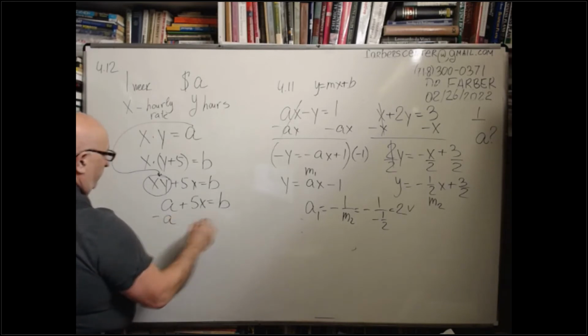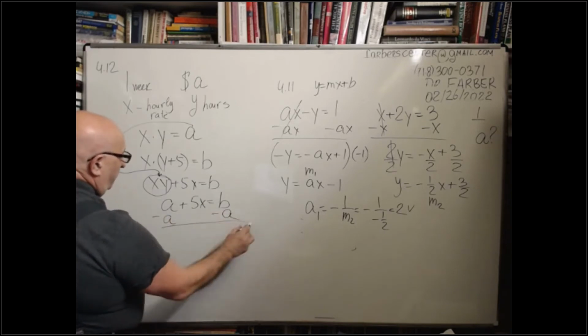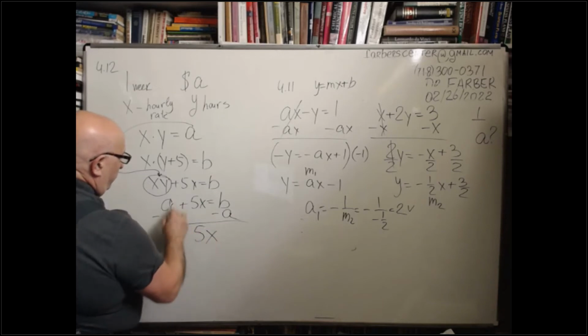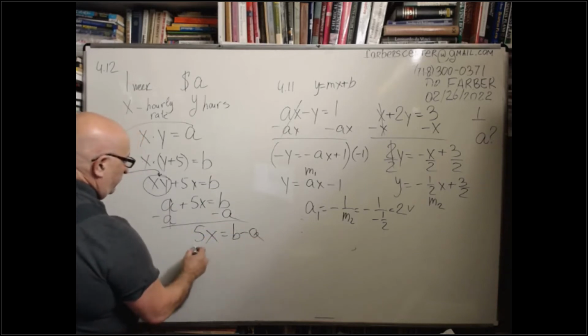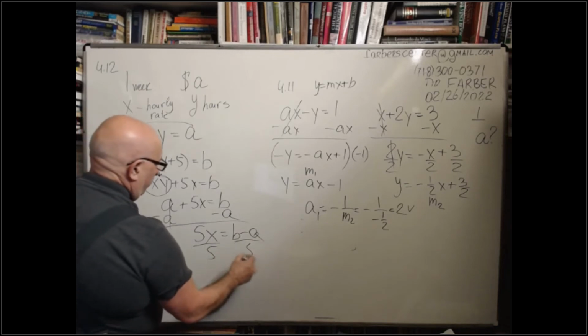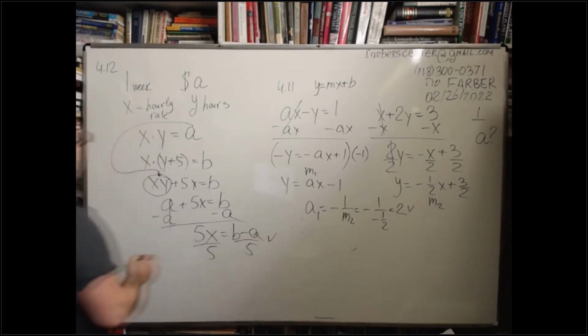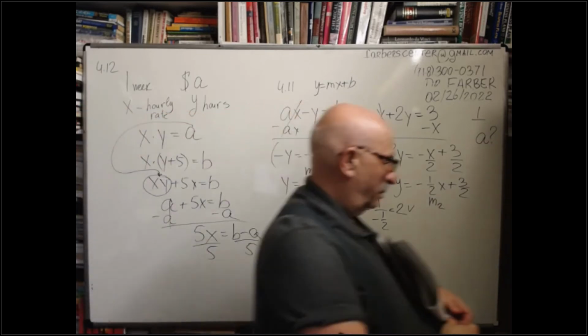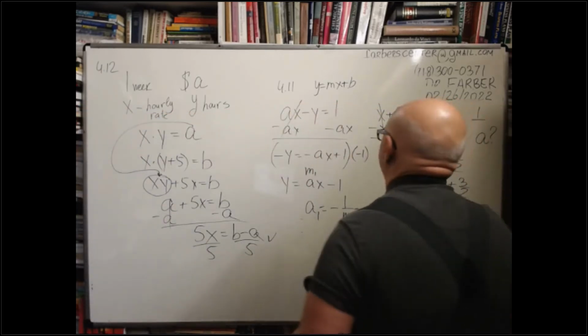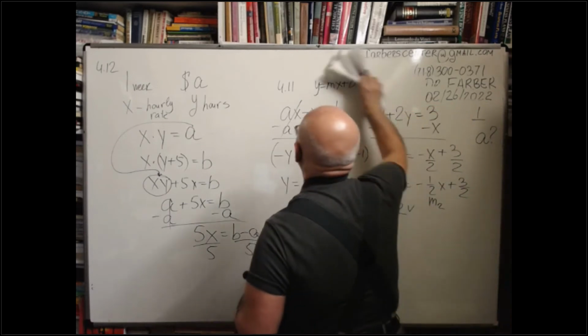Minus a and minus a. You will have 5x equals b minus a. How to find x? Divide by 5. Simple logic. So far, so good. If you have any question, ask me. That was for 412.